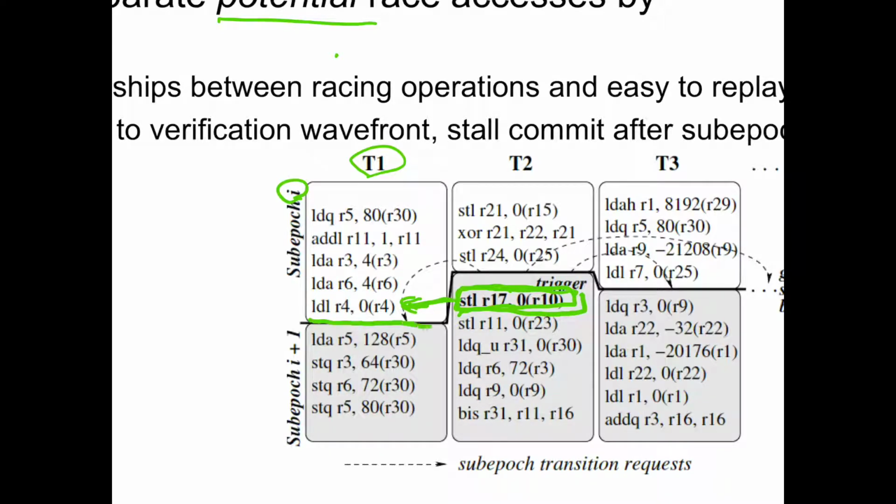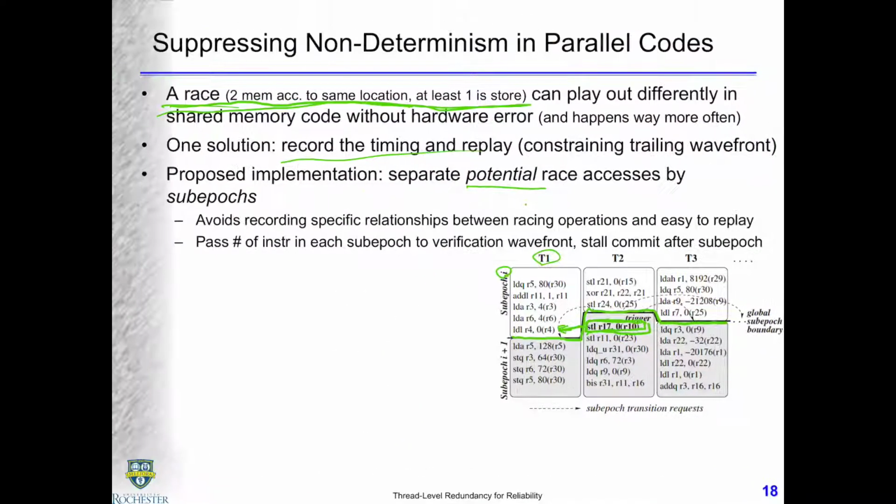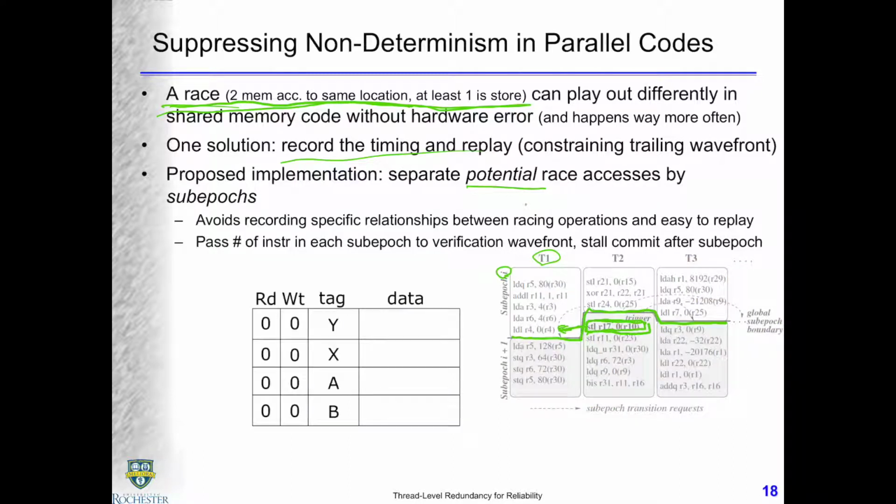Everybody who gets this request simply marks this as your sub-epoch boundary. And at the end of the epoch, you pass on your checkpoint state. You also pass on the number of instructions in each sub-epoch, and then you can use this to control non-determinism.